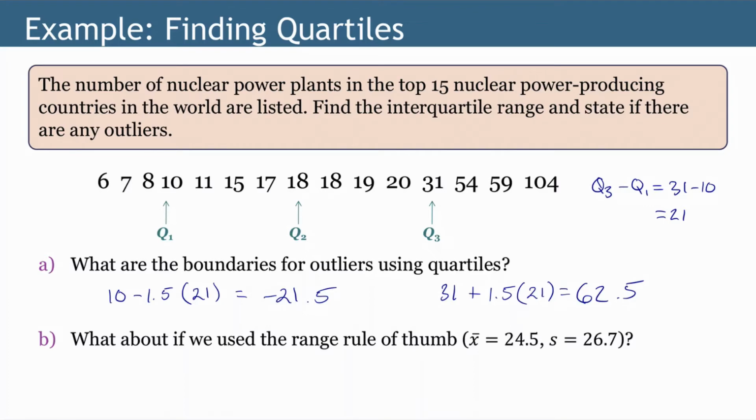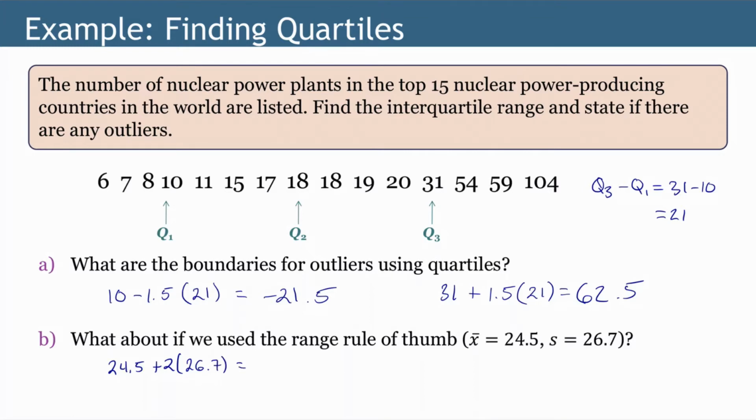So what would we say if we use the range rule of thumb, which the mean, by the way, is 24.5 and the standard deviation is 26.7? Well, that would be 24.5 plus 2 times 26.7.